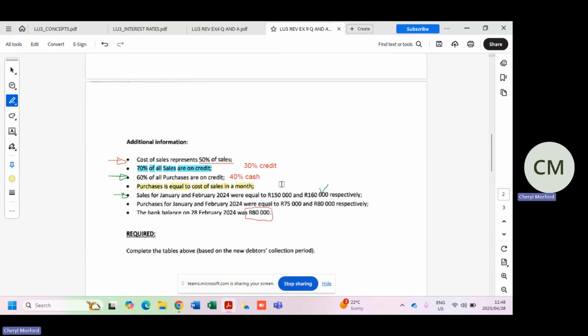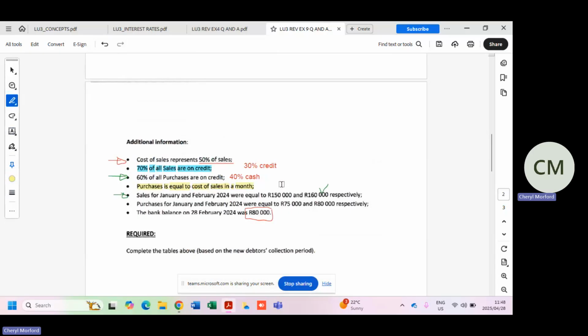So let's do first of all the cash. So how am I going to do this? For March, I'm needing to have purchases, which means I've got to find cost of sales. Cost of sales is half of sales. So if you remember that the sales for March out of the question was 170,000, step 1, I need to change that into purchases.